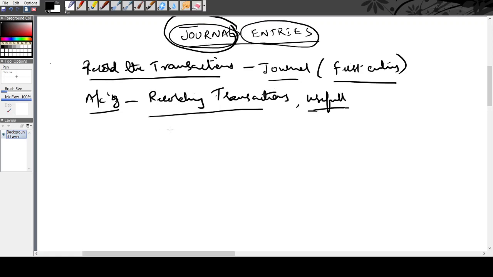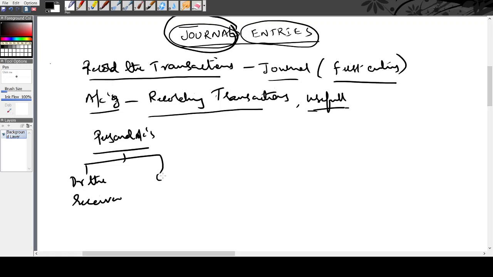Now, before we start learning how to record journal entries, we will just have a recap of the golden rules of accounting which we have learned in our earlier lecture. We said in a business we are going to deal with people, we call them personal accounts. The rules are debit the receiver, credit the giver. I'll repeat once again.